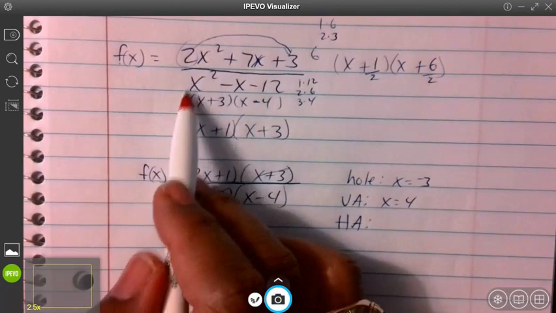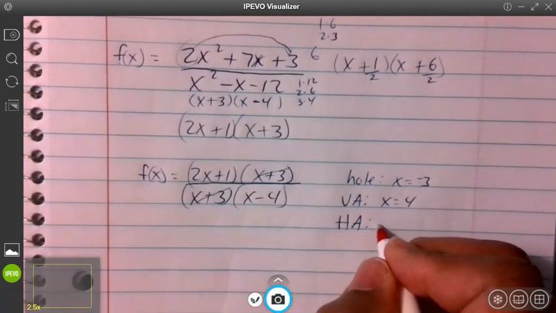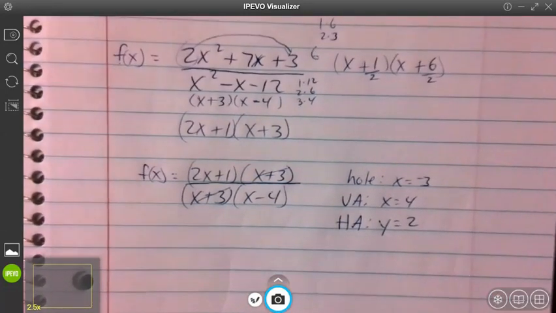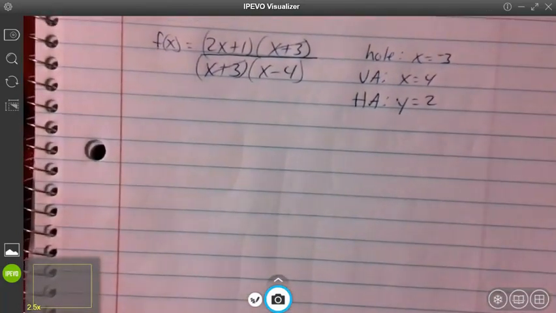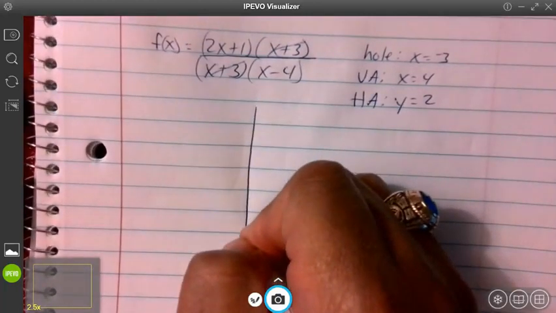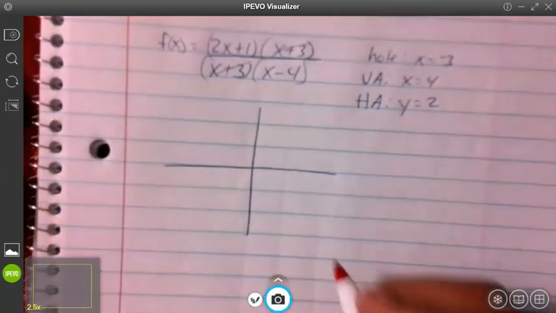So 2 divided by 1 gives me 2. So horizontal asymptote, remember, horizontal line, will be y equals 2. So we have that information so far. So we can start our sketching on the graph. So you can get an idea what it looks like before you even put it on Desmos.